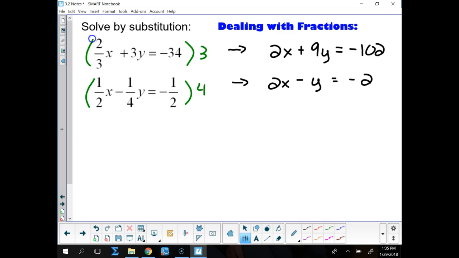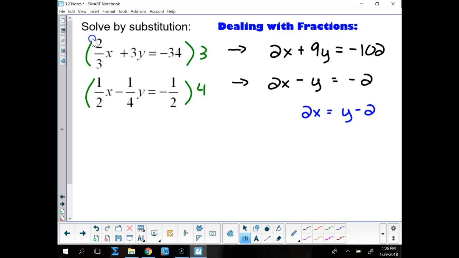Now, let me show you a little different kind of substitution to go along with this. Okay? If I solve this bottom equation for 2x, I would get 2x equals y minus 2. Do we agree with that?